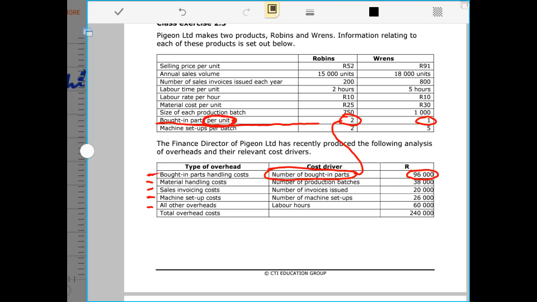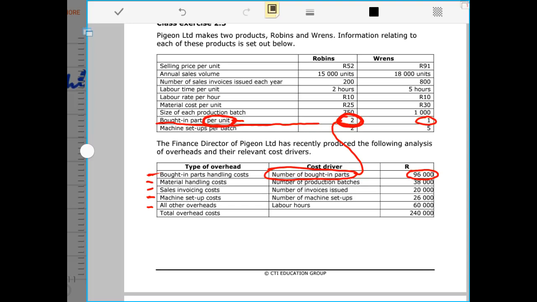We have 2 bought in parts per unit, meaning for every unit there are 2 parts that are bought in. We manufactured and sold 15,000 units, so bought in parts will be 15,000 times 2 bought in parts per unit, which gives us 30,000.